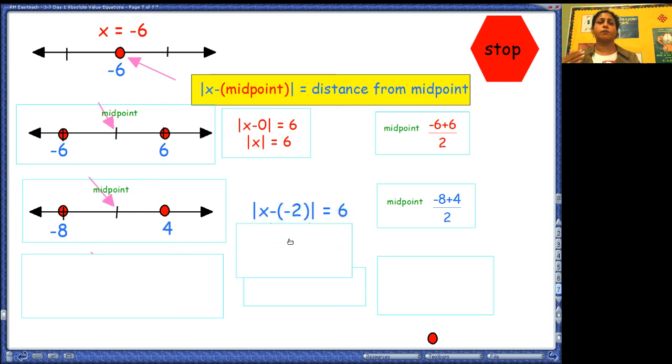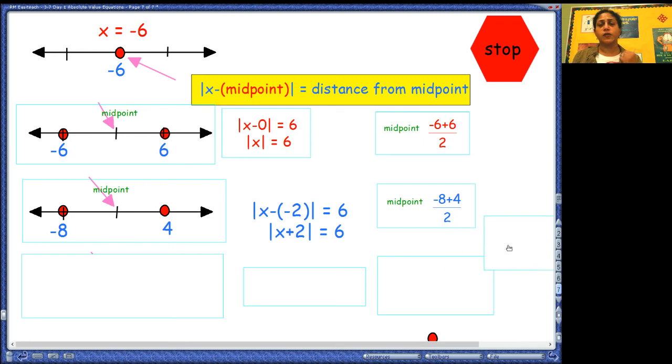So it's x minus the midpoint is equal to 6, because the midpoint is 6 units from either side. And then of course you always simplify, and it turns out to be x plus 1 is equal to 2. You can verify this. If you solve it, you will find that the two answers are -8 and +4.